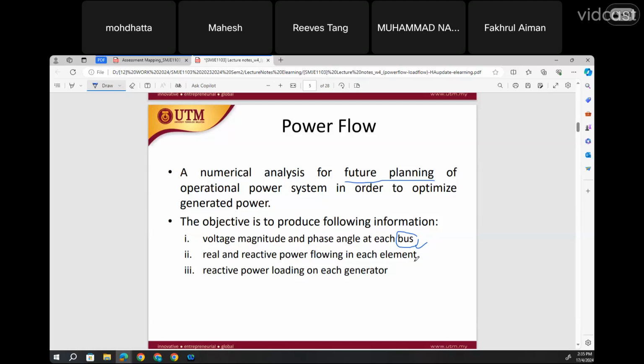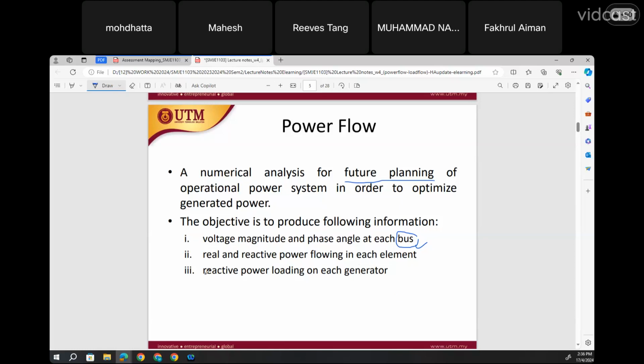And voltage magnitude, real and reactive power flowing in each element. Each element meaning each of the buses, maybe also referring to the transmission line. Real and reactive power flowing throughout the transmission line from bus 1 to bus 2, or bus A to bus B. So that's the sort of thing that we need to determine.